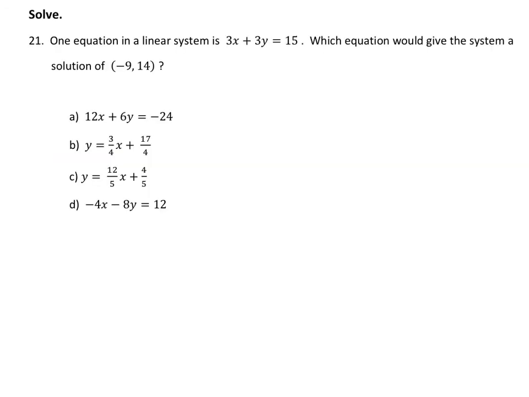Okay, so for the last problem, number 21, there are so many ways we could solve this. One of the ways is to use the calculator and do a system of equations problem for each one of our answer choices. Another thing we can do is take the point they gave us, the -9, 14.